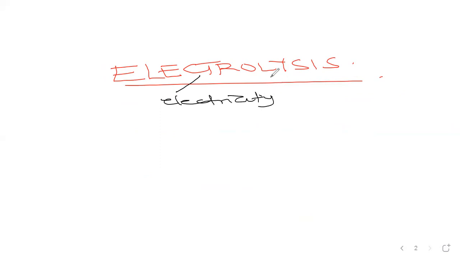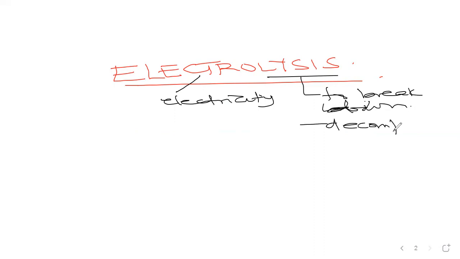Then this word lysis means to break down. If you don't call it break down, you can call it to decompose. So electrolysis shouldn't be a confusing term. That implies that we are using electricity to break down.